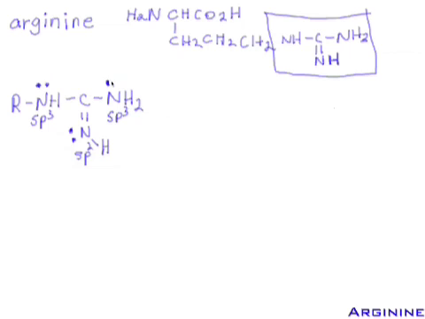Let's examine what happens if we protonate at this position. Well, we get this NH3 plus hanging off here, and that's about that. I guess we should just check what happens to the imine if we protonate it here. So I'm going to rub off the sp cubes. What happens if we protonate in this position?